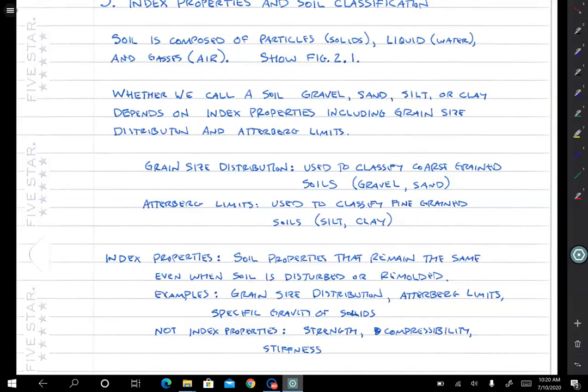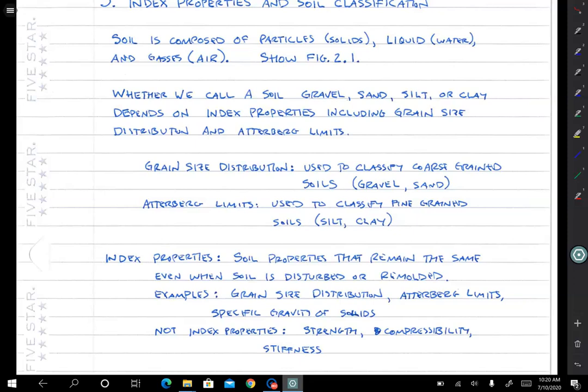Well, if all we care about is the grain size distribution, what particles are in the soil, what's the percent of clay, what's the nature of those clay minerals, and so forth, then we can just go out with a shovel and dig up a bunch of earth and put it in a bag, right? As long as we're worried about shallow soil. A lot of the time we have to drill down to get to it. But we can get highly disturbed samples where the soil is completely remolded from its in situ condition, and then we can do those tests.